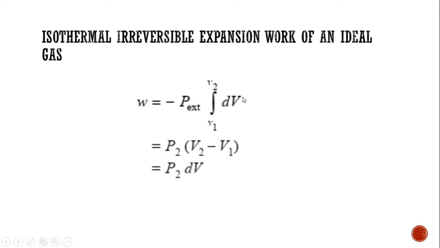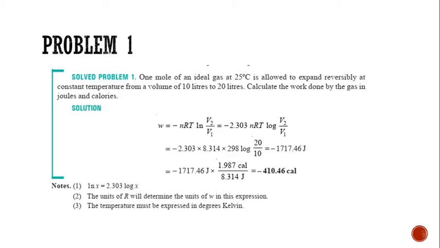In the increase of volume, we are left with V2 minus V1, as these are the limits. So we have the change in volume replaced with these limit variables. So we are left with our work done, that is P2 into dV. This is the work done expression in case of irreversible expansion of an ideal gas. So these are the problems of reversible and irreversible expansion of a gas.